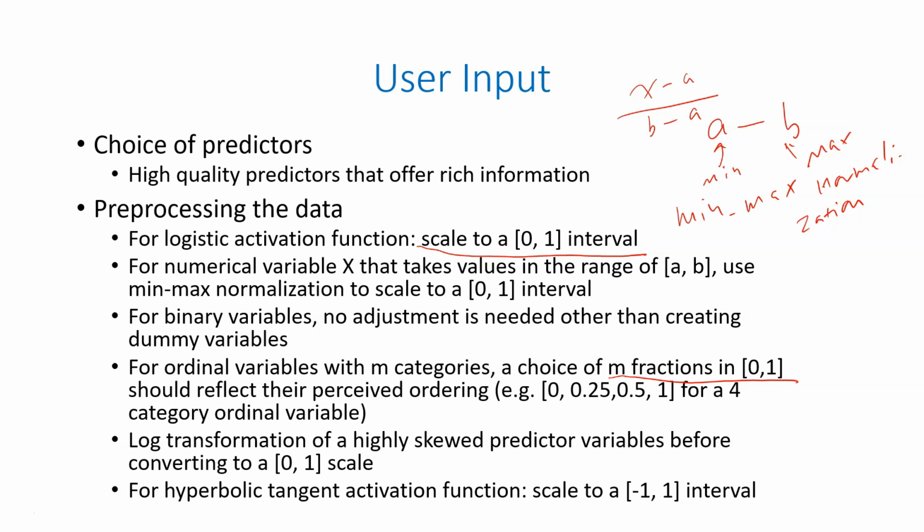In addition, if you have data that are highly skewed, which means the data do not display a normal distribution, you need to perform a log transformation before converting them to the 0 to 1 scale.